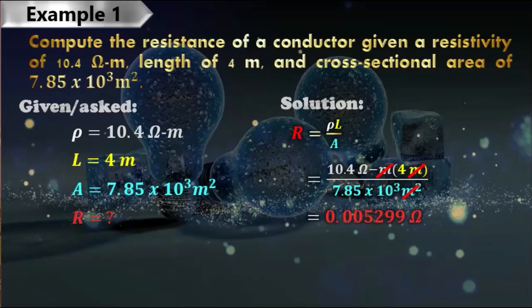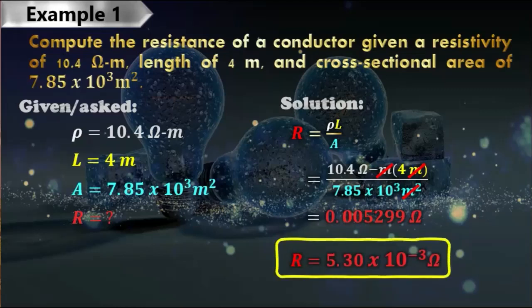We have 0.005299 ohms, and the final answer would be, in scientific notation, R is equal to 5.30 times 10 raised to the power of negative 3 ohms.